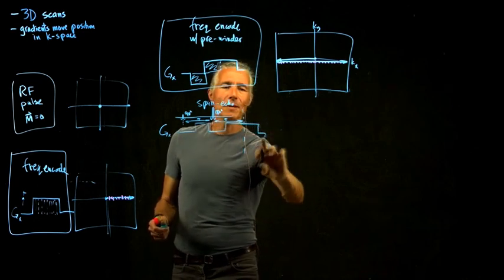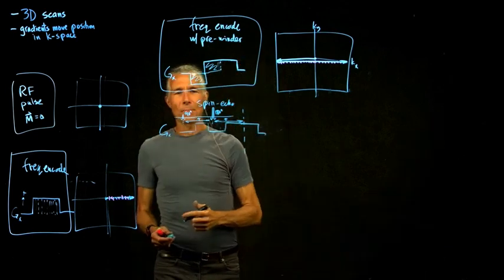So what does that look like in K-space? And why did we go up?